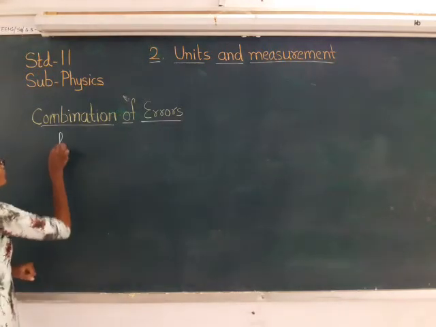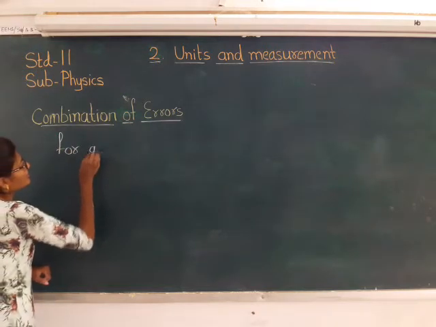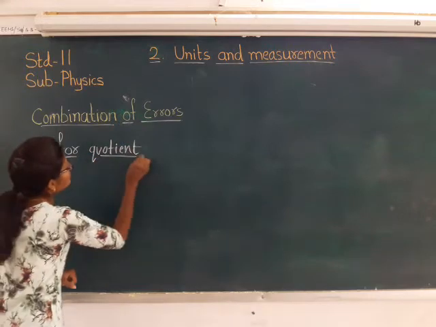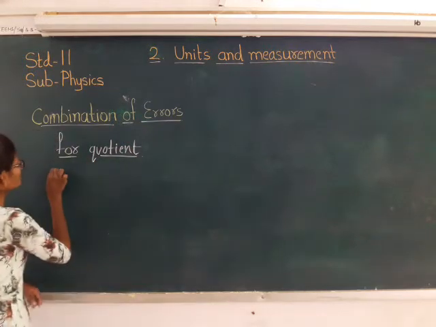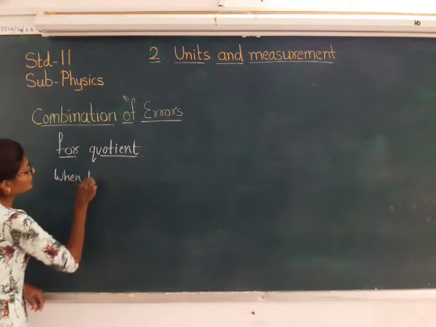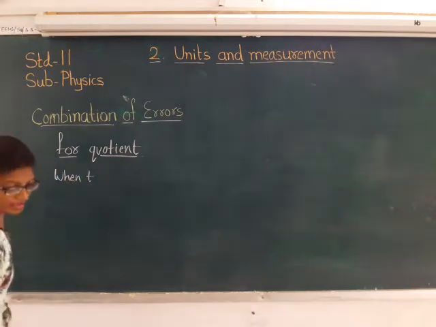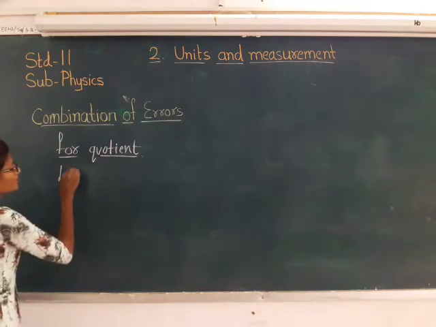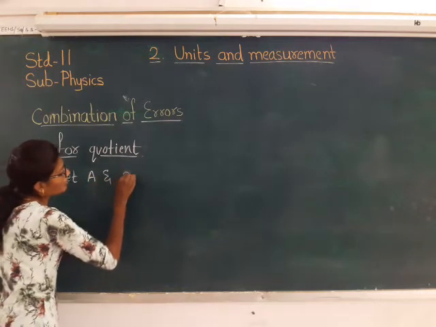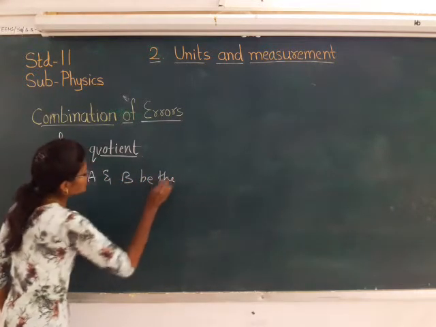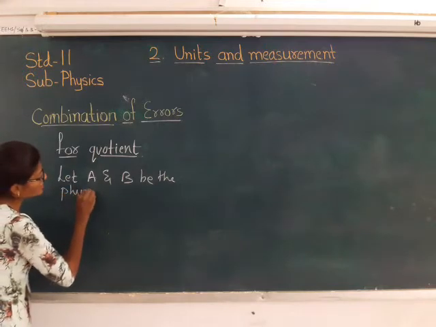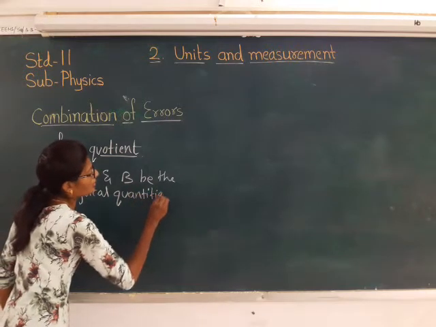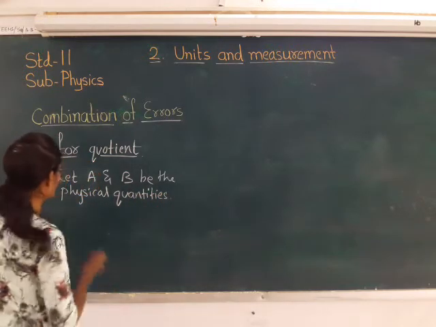So for division, that means we can write for quotient, again, when two physical quantities are divided, let us consider A and B as two physical quantities that are to be divided.